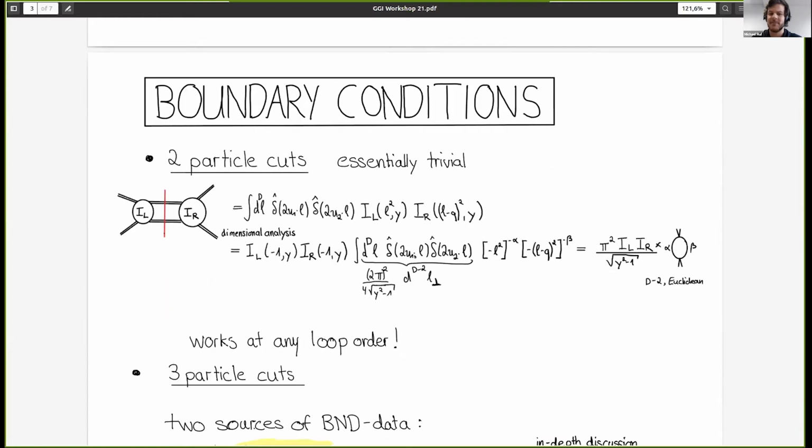So you get some closed form expression relating this cut integral to basically the integrand evaluated at a fixed value of momentum transfer. And this works to any loop order, so the two-particle cuts can, for all intents and purposes, really be considered to be worked out to all orders.